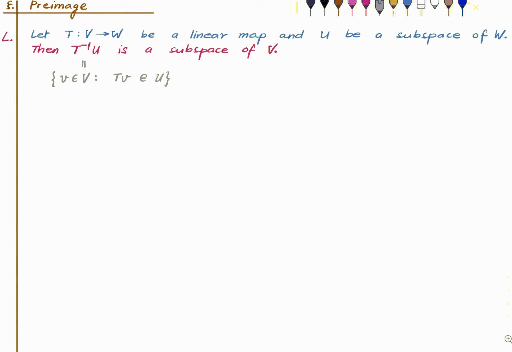Right, so we want to show that this is a subspace, but before we do that, note that this is a generalization of the fact that kernel is always a subspace, because kernels are nothing but preimages of the trivial subspace, namely the zero, the singleton zero. So this generalizes the fact that kernels are subspaces. Anyway, so the proof again is very, very simple. We'll just do closure under addition. So let's say x and y are in the preimage of U. Then T(x) and T(y) are in U by definition of preimage.